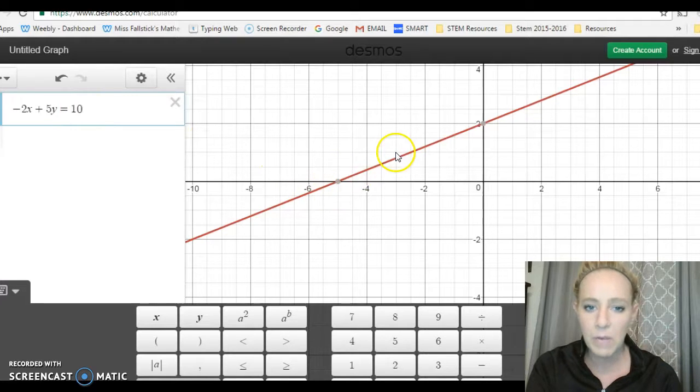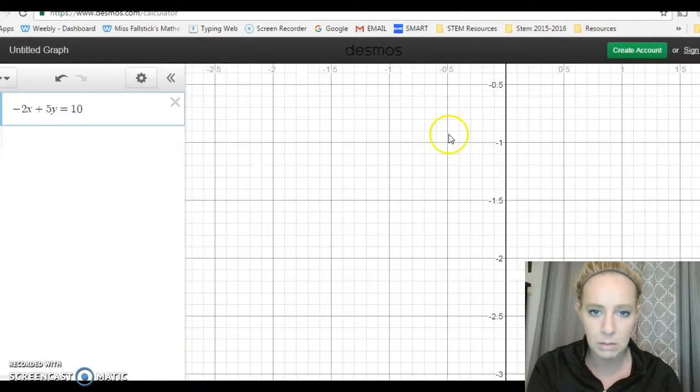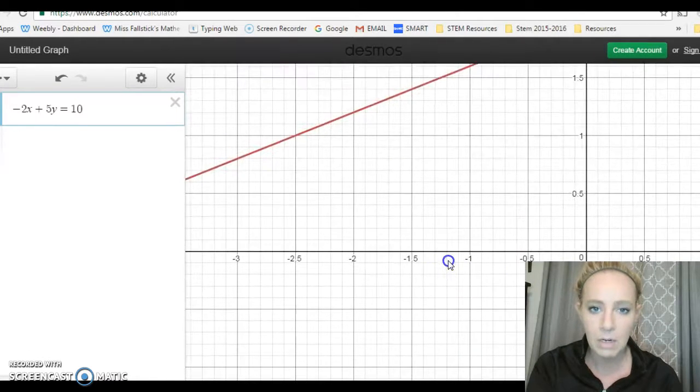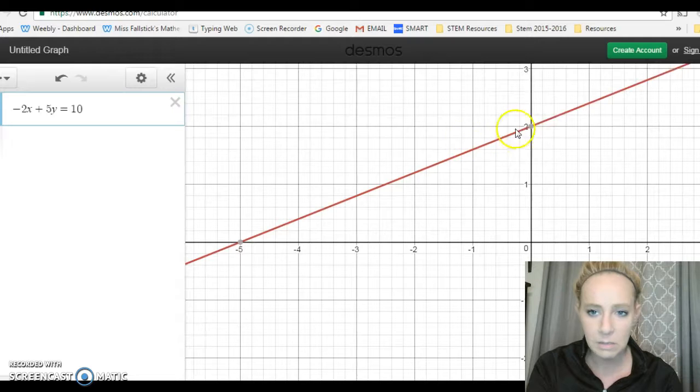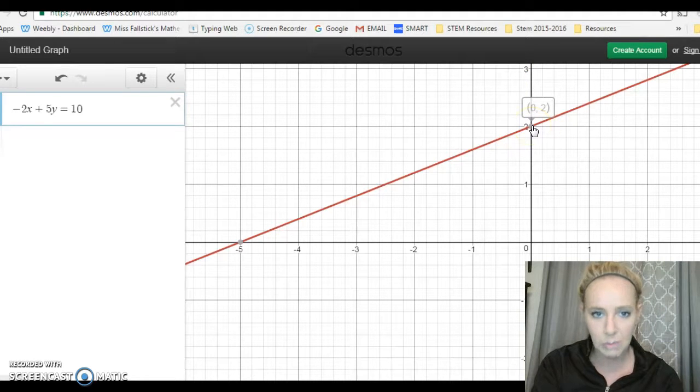Now, one observation that we can make from this graph, let me zoom in a little bit, is that all lines cross both the x-axis and the y-axis, unless there's special equations, which we've talked about with zero and undefined slope.